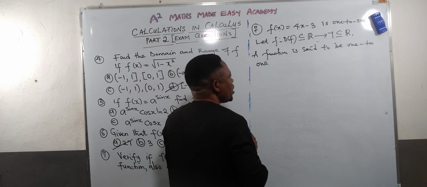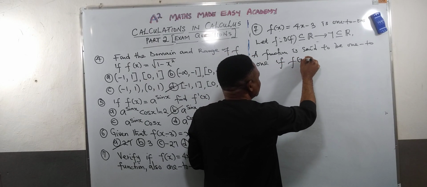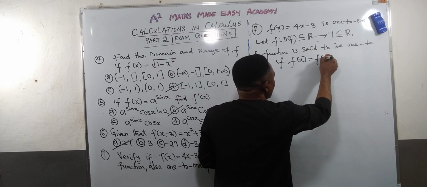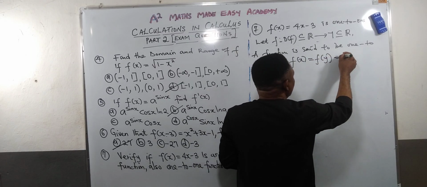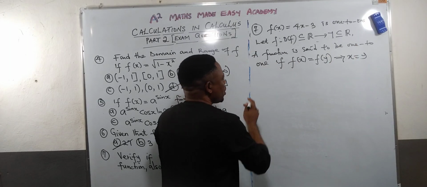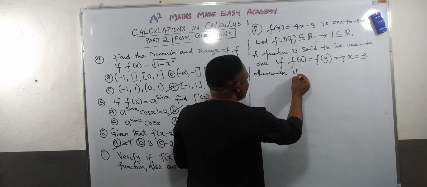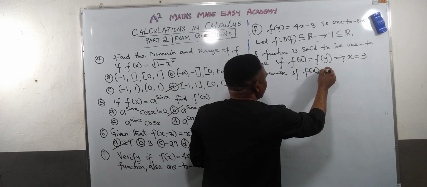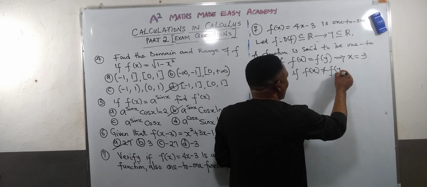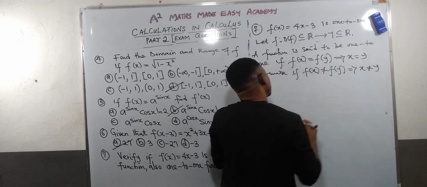Are you with me now? A function is said to be one-to-one if f of x is equal to f of y, which implies that x is equal to y. Or otherwise, if f of x is not equal to f of y, it implies that x is not equal to y.